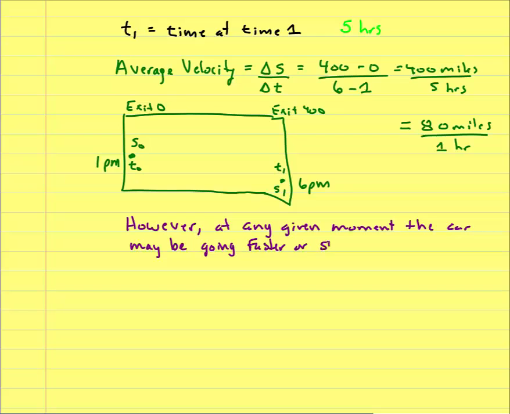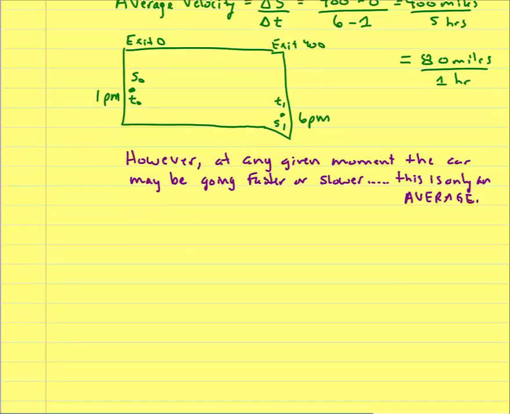And how do we contend with that? We are going to bring in the idea of some calculus, because what we have over here is only an average. And we want to be able to figure out what's going on at any moment along the trip. So we cannot find instantaneous velocity with this formula, and let's figure out why.